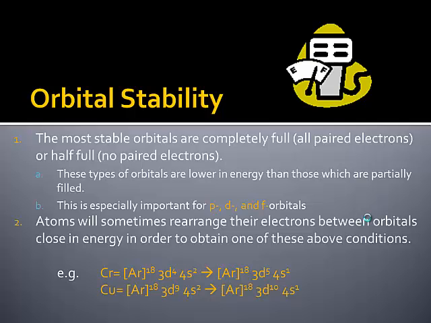Sometimes what we see is that atoms will rearrange their electrons between the orbitals close in energy level in order to obtain one of those conditions. You may have seen that the 3d and the 4s are actually very close in energy. It's actually hard on some versions of the energy level diagram to read it properly because they seem to be so close.